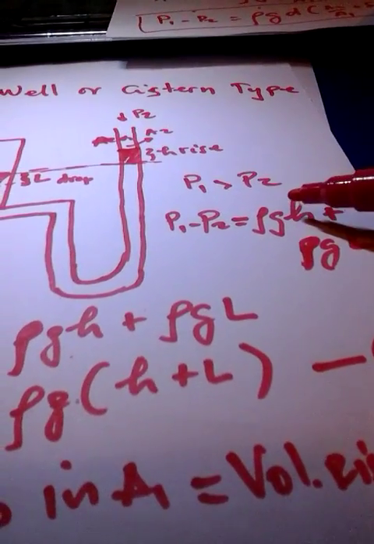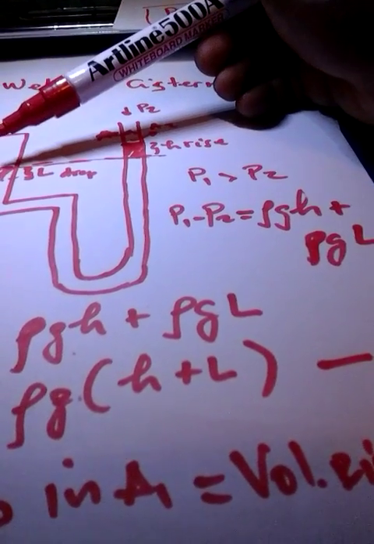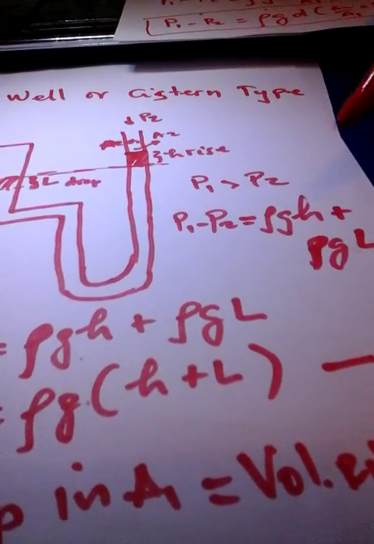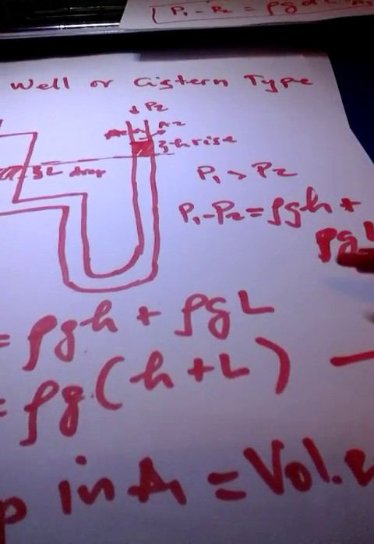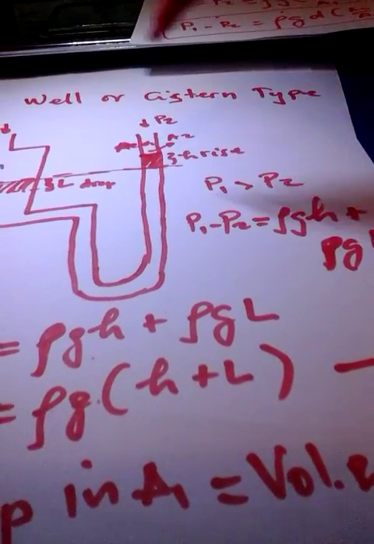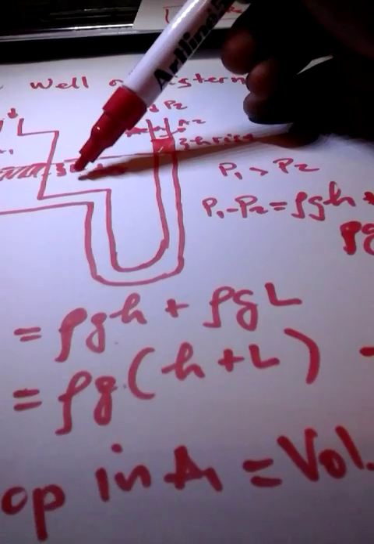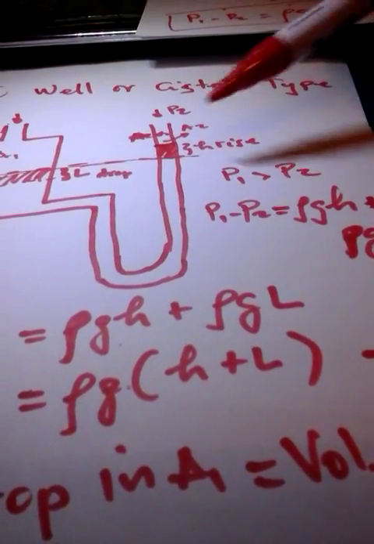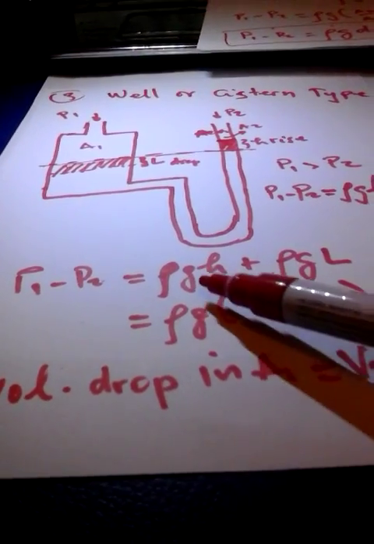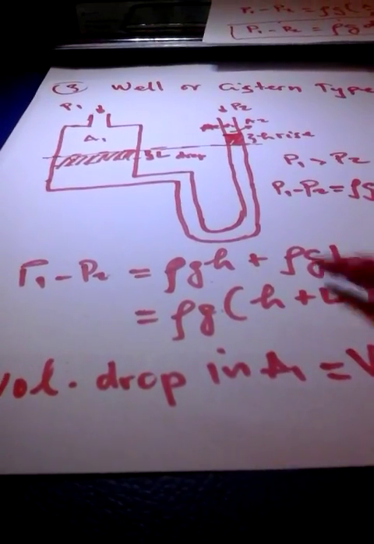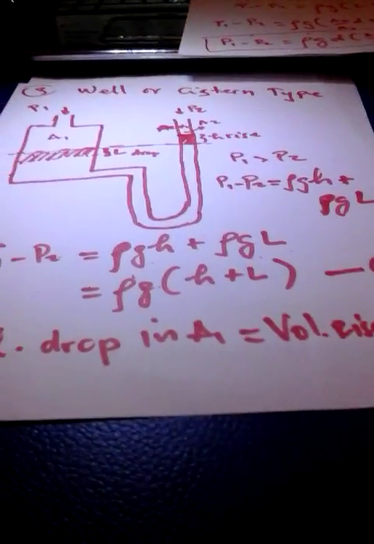It will be equal to rho g H plus rho g L. So we find the pressure using this height here, the drop, plus the pressure using the rise height. Putting together, we have that equation. Then we can take g rho out.